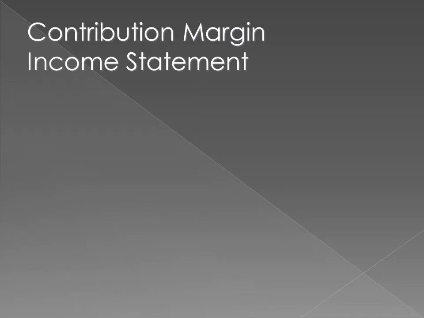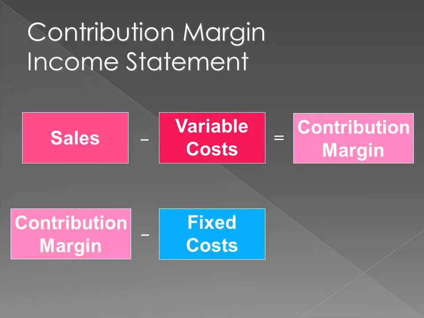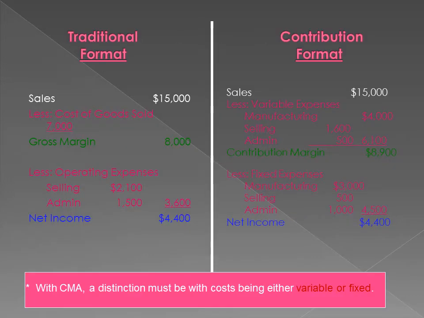Now I want you to see an example of what the income statement will look like. Sales minus variable costs gives you your contribution margin, and your contribution margin minus your fixed costs gives you net profit. So you'll see on this slide a traditional income statement format, and then you'll see your contribution margin statement format on the right.